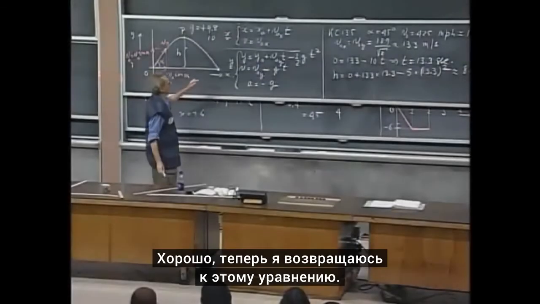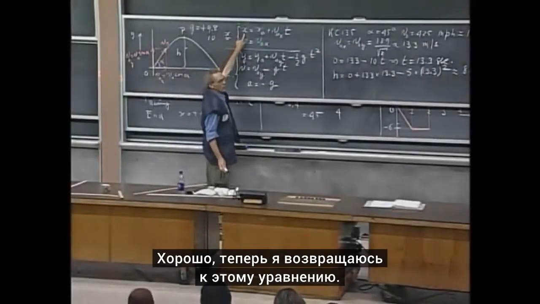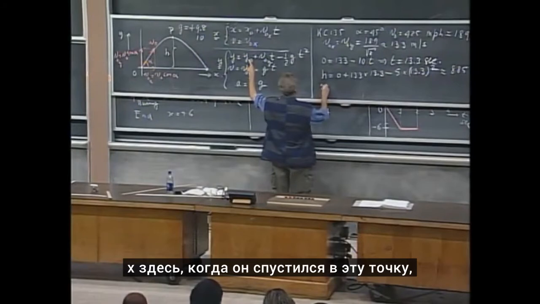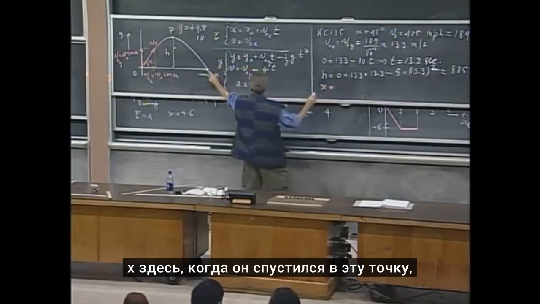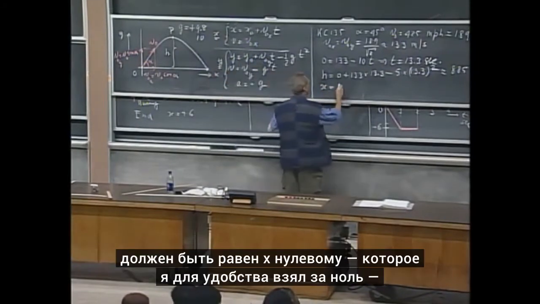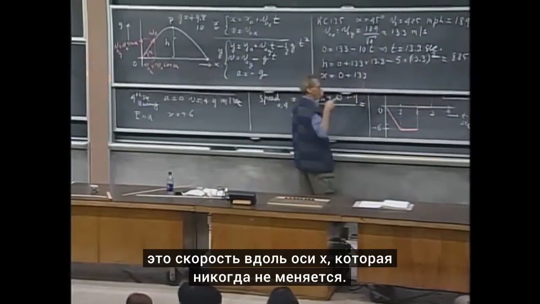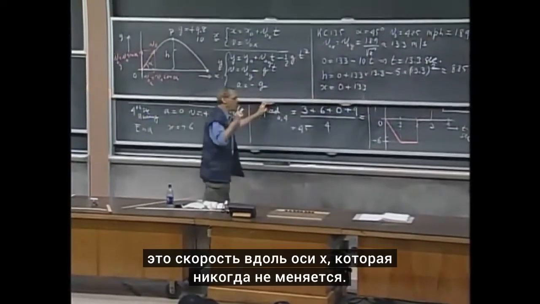How far has the plane traveled then in the horizontal direction? Well, now I go back to this equation. So now I say, x then, when it is back at this point, must be x0, which I conveniently choose 0, plus 133 meters per second, which is the velocity in the x direction, which never changes.